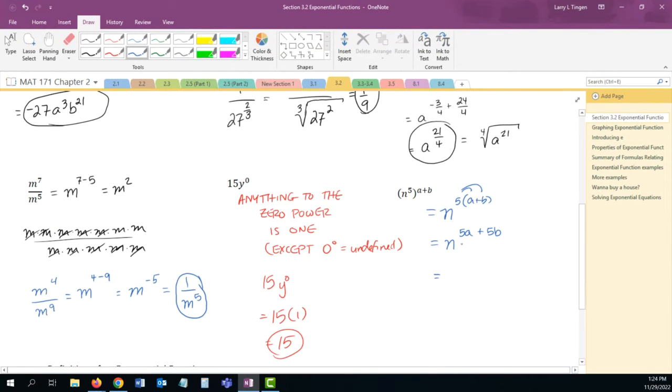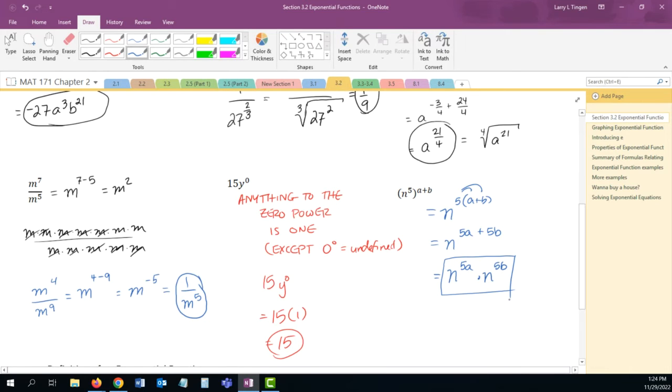Or if you want to take it another step, I have addition in the powers, which means this could be rewritten as multiplication with the same base. Right? I want you to be able to do this backwards and forwards. I want you to be able to do powers raised to powers. When I have the same base multiplied, you add the powers, or the same base divided, subtract, and then it goes the other direction.